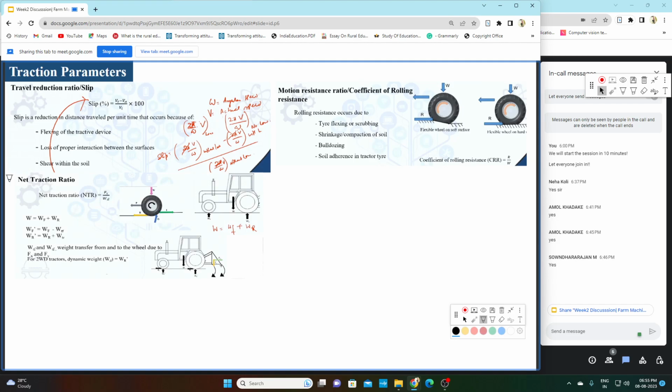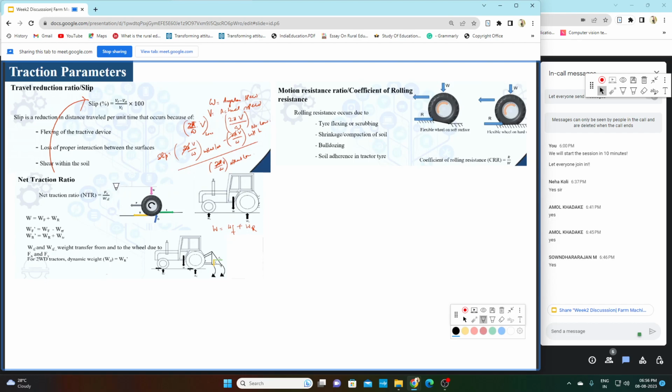Third is net traction ratio. What is this net traction ratio? Why are we giving torque to our wheel? To pull an implement, right? So that pull is P, or we can also take it as Fx, because it is pull in the horizontal direction. That is why it is denoted by Fx.